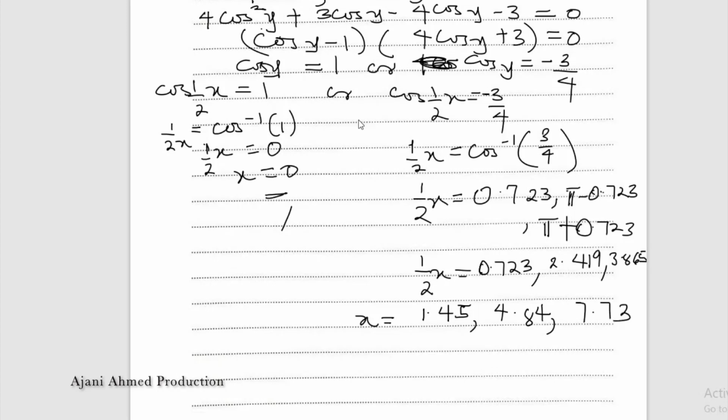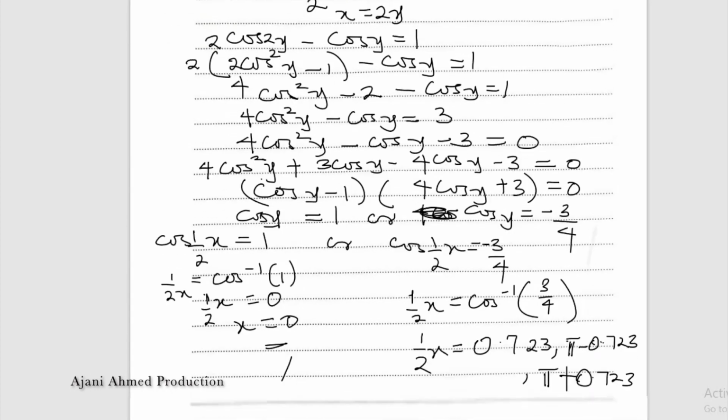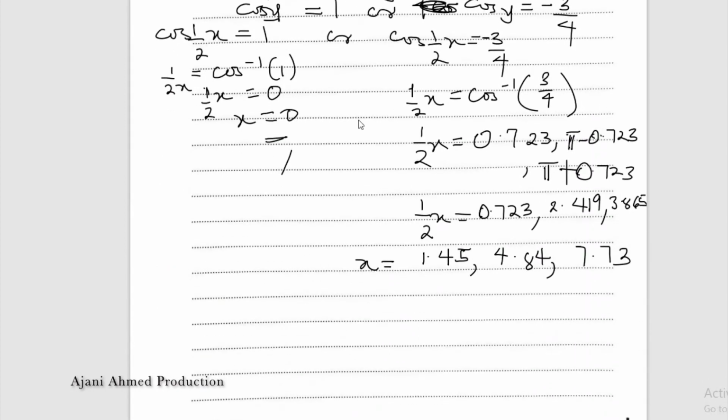And when you check the domain, the condition given is, look at the condition on the first question, x must be in between 0 and 2 pi. So hence the value of x is 0, 1.45, they are still between 0 and 2 pi.